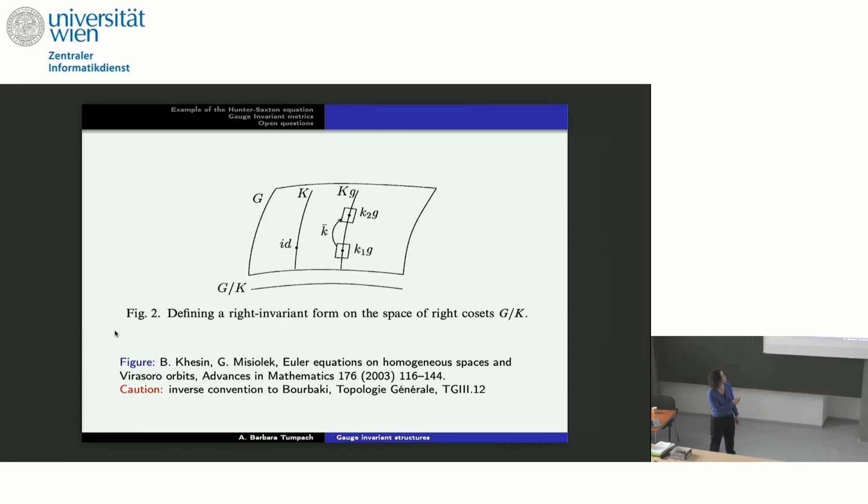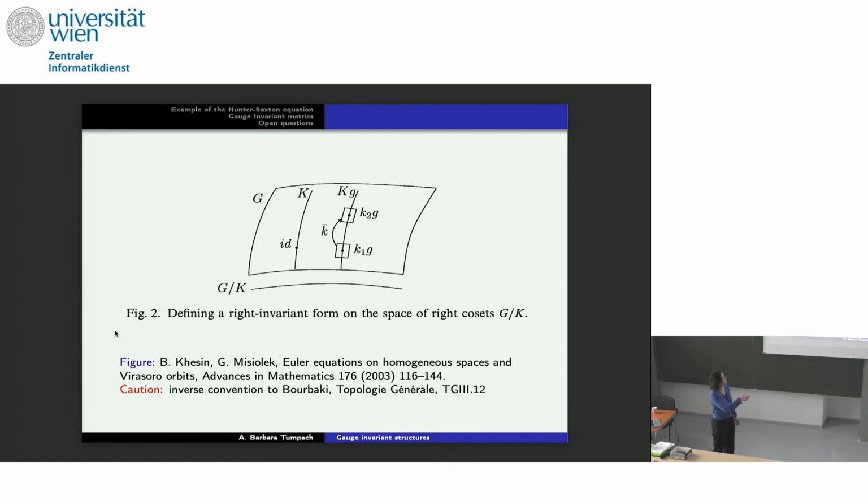So you see G is modded out by K, so you write G mod K, but here the class is KG, so the reverse. There is another convention by Bourbaki, and this is the one that I will try to follow. I may make some mistakes, but which is the opposite one. So choose the one you prefer. I'm French, I will choose the Bourbaki one. But for the picture, you can just call this quotient space what you want, but the picture is the same.